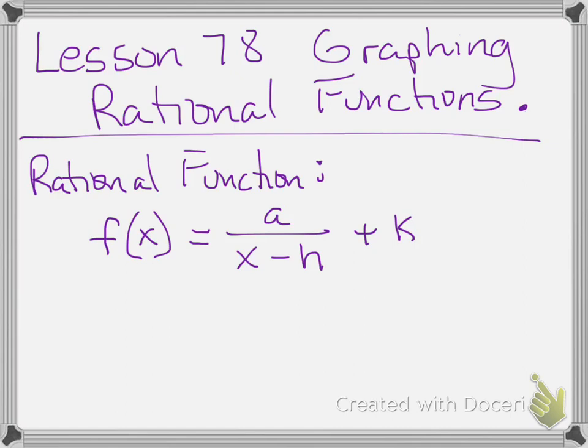So what is the actual definition? That's it. It's a function that has a variable in the denominator. If you wanted a word definition, it's a function that has a variable in the denominator. All right?